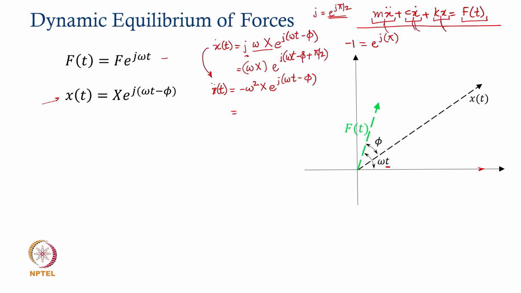So, I can take the amplitude of the acceleration to be this, and write omega t minus phi plus pi.